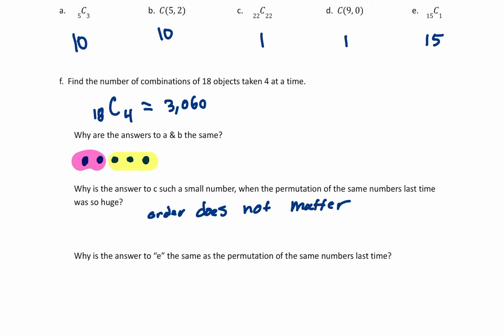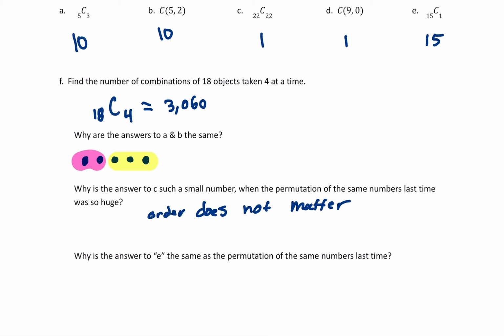Now, why is the answer to E the exact same as the permutation? Well, when we did 15 permute 1, we have 15 objects and we're only choosing 1 of them. If you're only choosing 1 object, you can't change the order of that, because you don't have multiple things to change your order. You can't pick one and then pick the other.